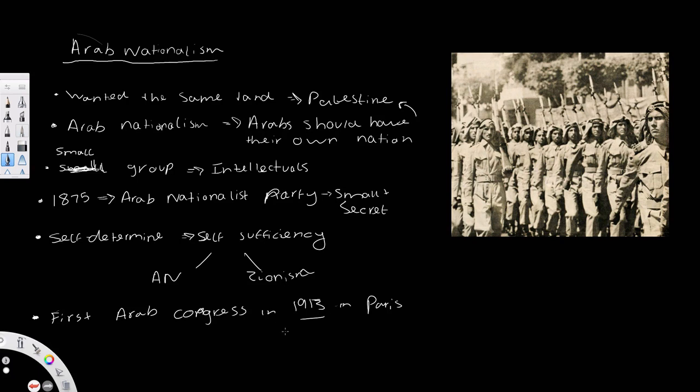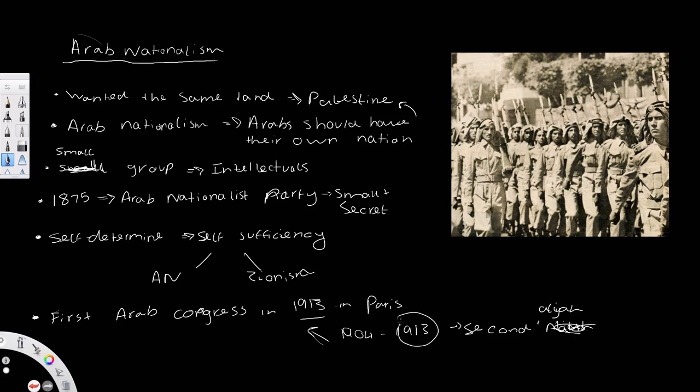And the importance of 1913 is because of what also happened in 1913. As we saw in the last video, between 1904 and 1913, we have the second Jewish Aliyah.